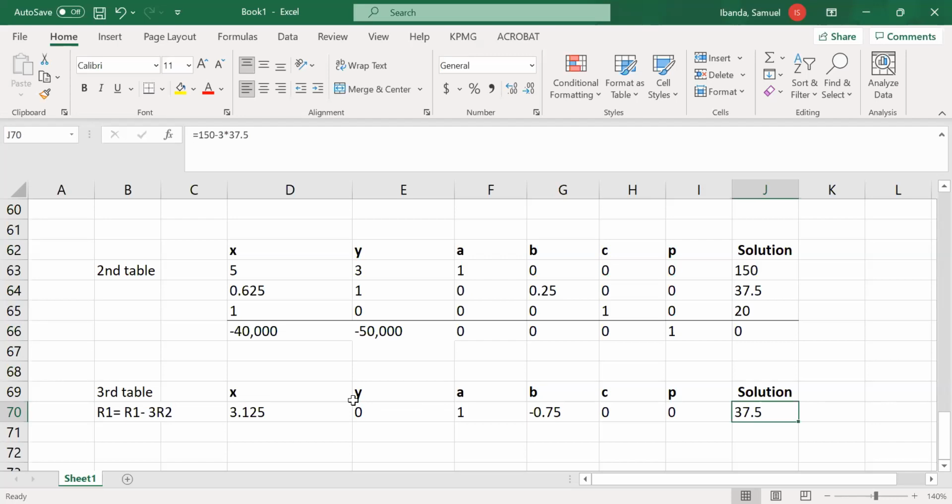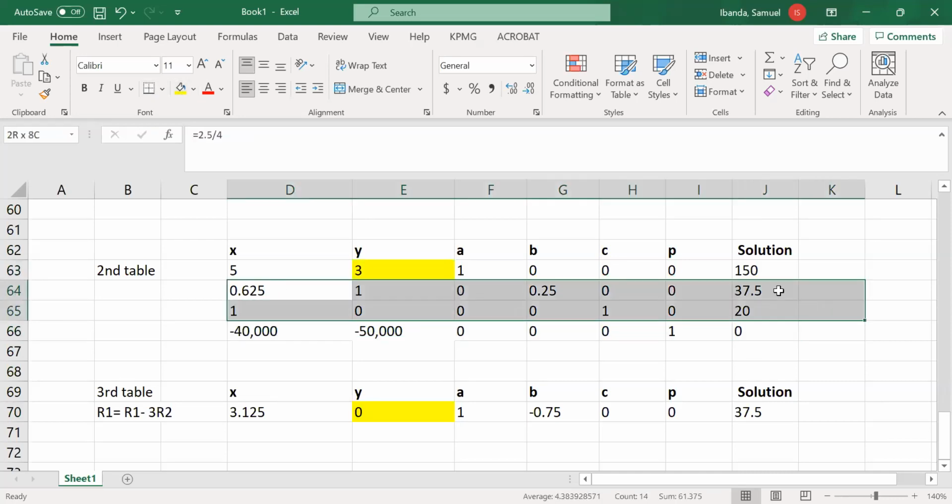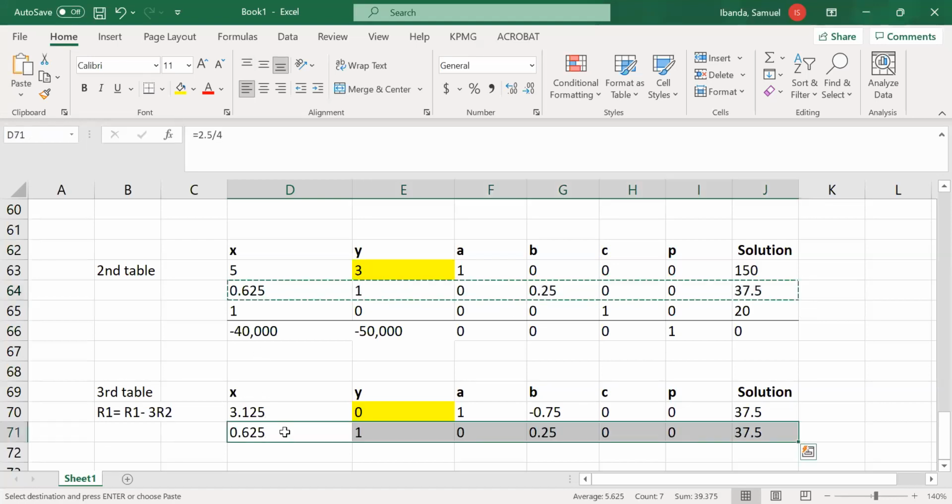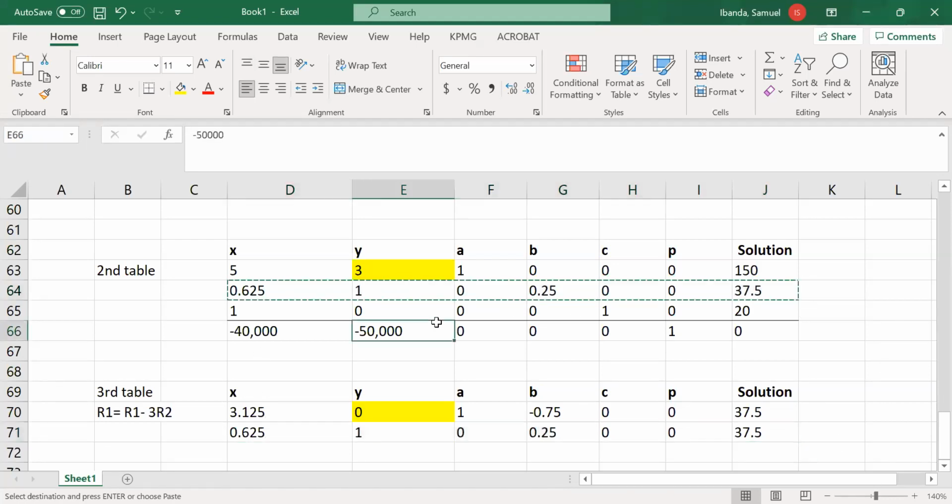So I've been able to gain a 0 here, that was my aim. Remember, my aim was for this to become a 0. So these other columns will come back the way they are. I'll just bring my columns the way they are right there. This one, now see, if I had a number here, I would also strive to make this a 0.